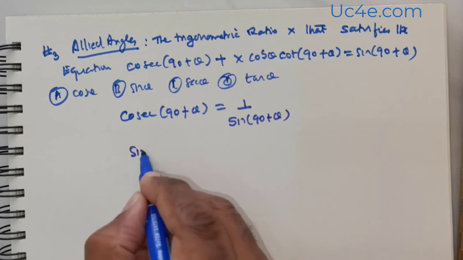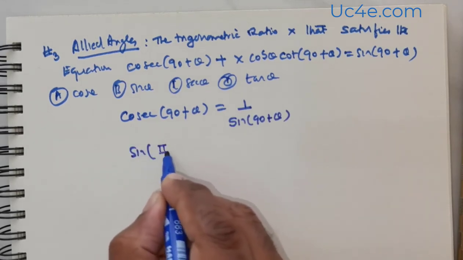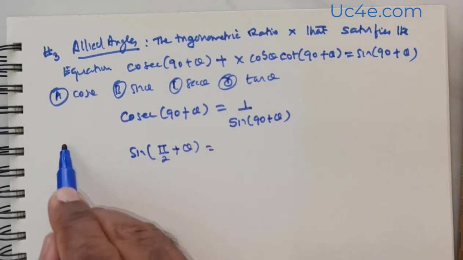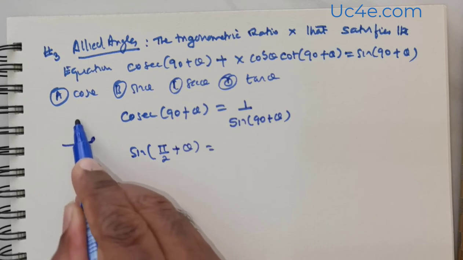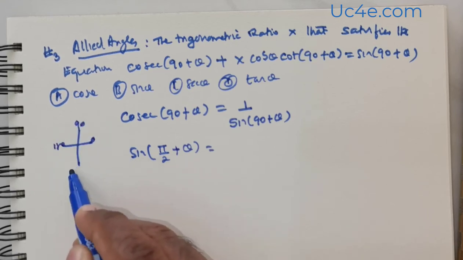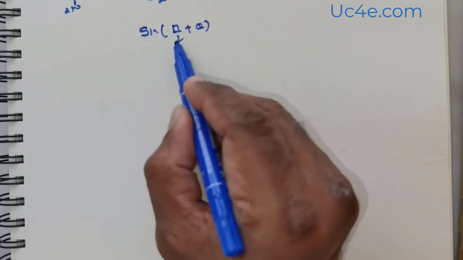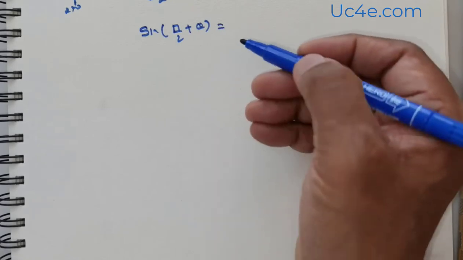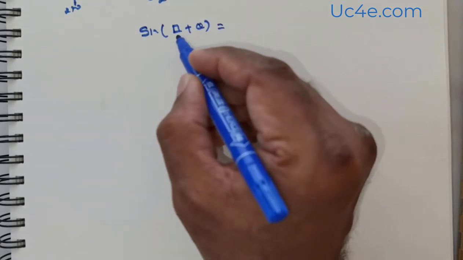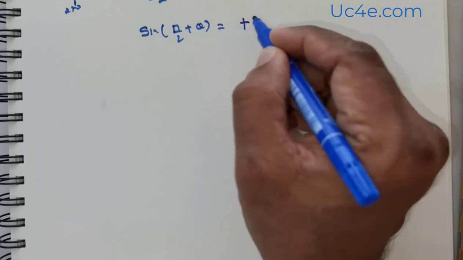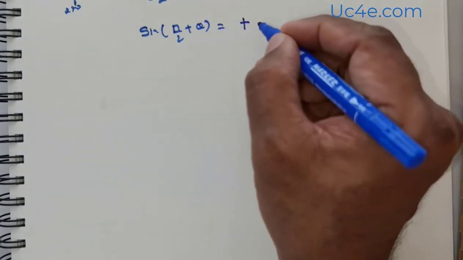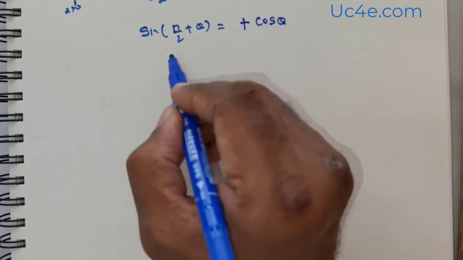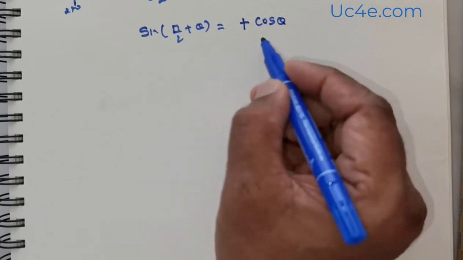Now I already mentioned to you sine of pi over 2 positive theta. Now foremost go to the CAST diagram which I have explained to you: 0, 90, 180, 270 and 360. Now clearly this is going to be giving us a positive sign because of the presence of the argument 90 positive theta, so we can place a positive sign, and evidently we are going to be having a cos theta there. So this is a known truth.